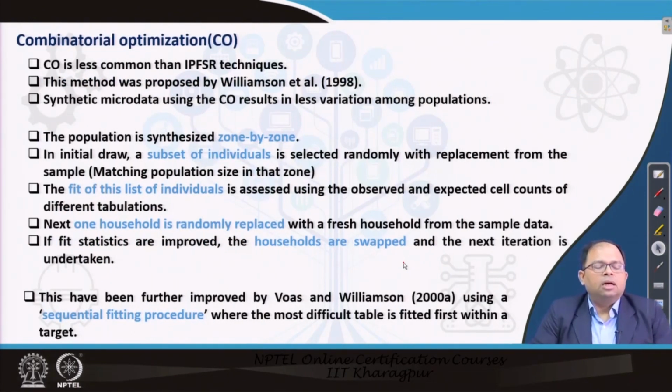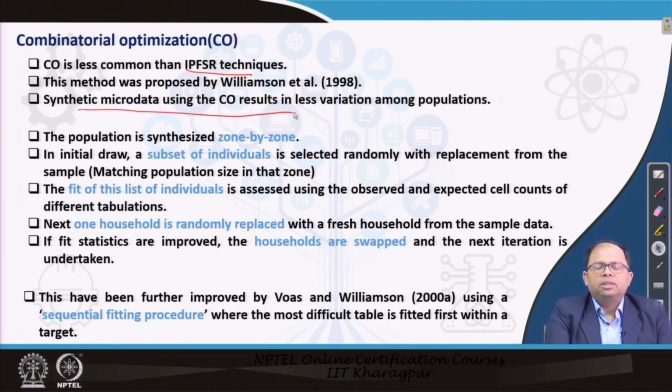So next, the method that we will discuss is combinatorial optimization. This is less common than the IPF technique, but still it is used, and this was proposed by Williamson in 1998. And we have found in much literature that synthetic microdata using CO results in less variation among the population.